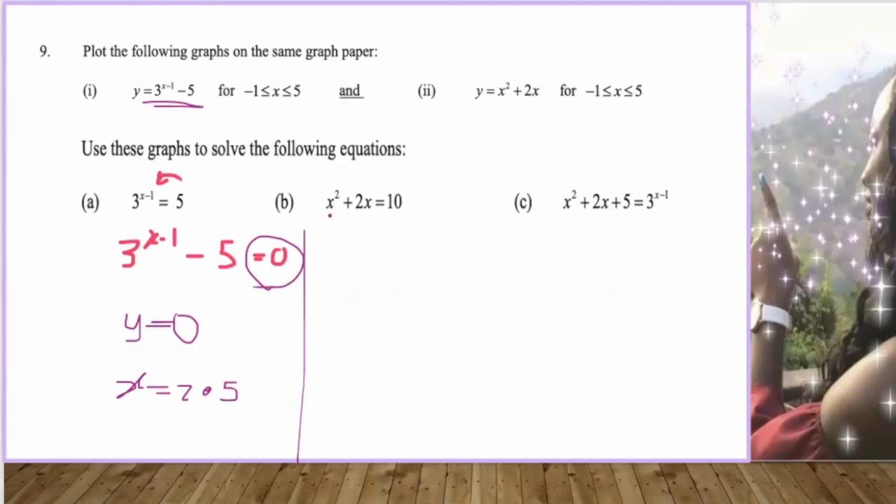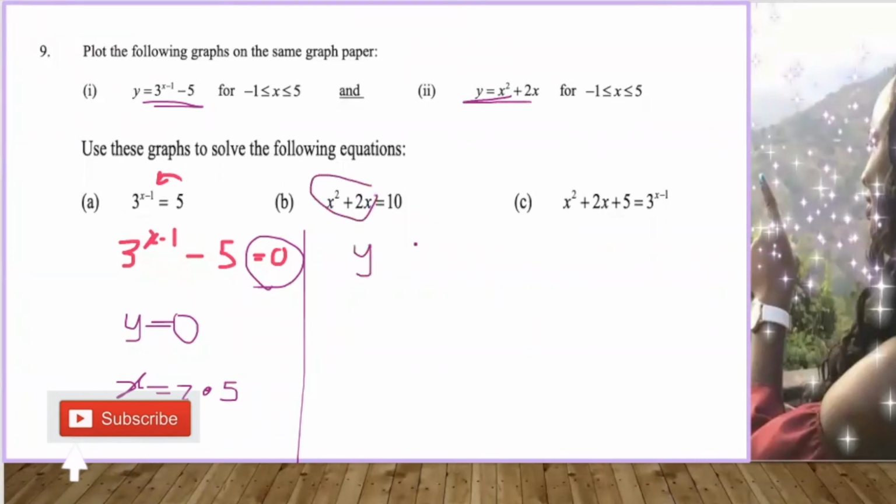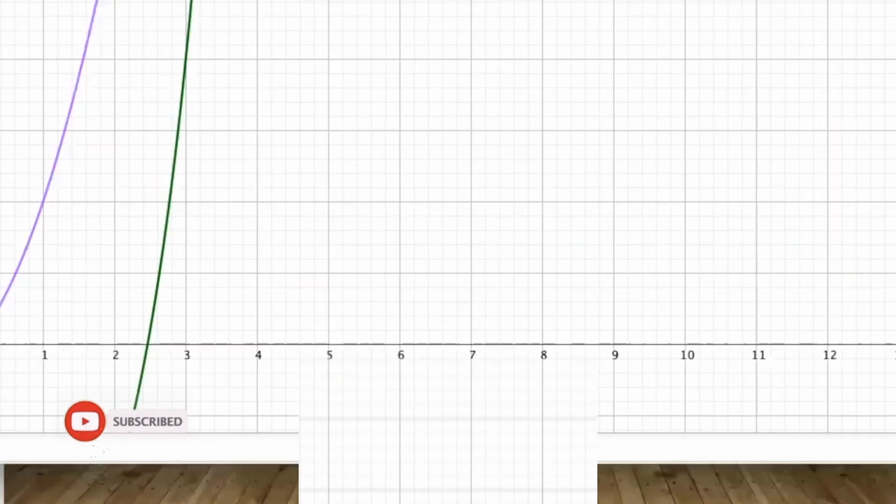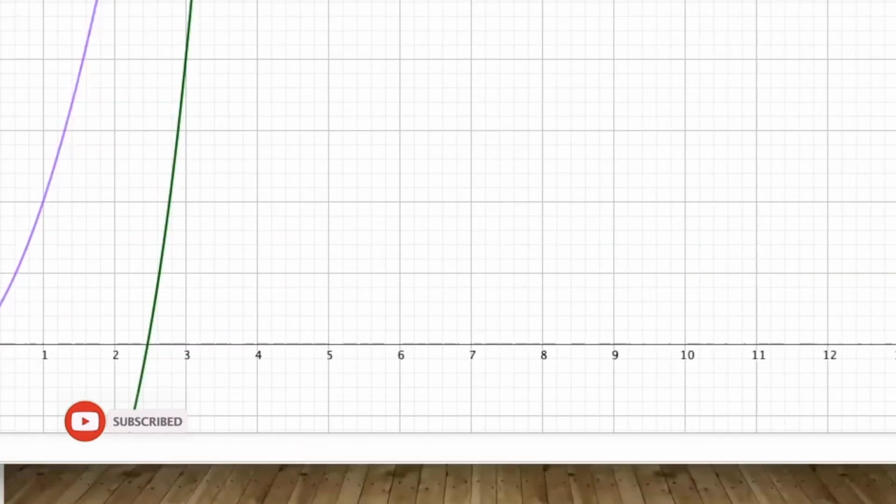Part B, we have x squared plus 2x equal 10. It's looking like the original on the left-hand side. So the focus is on the 10. So we have y equal 10. So for y equal 10, once again, I'm going to the graph and I'll be looking for 10. Now the purple line represents x squared plus x.